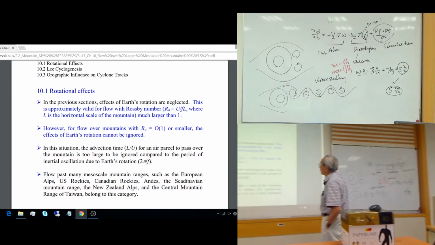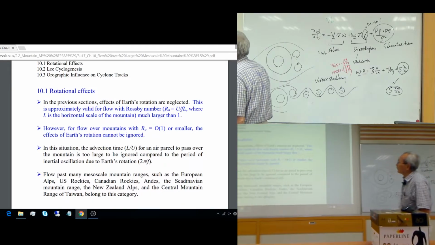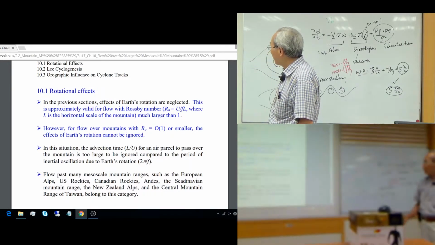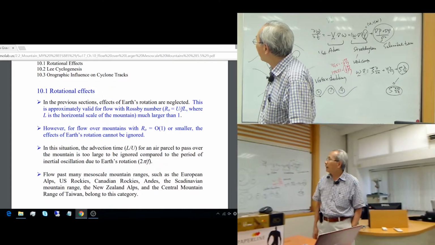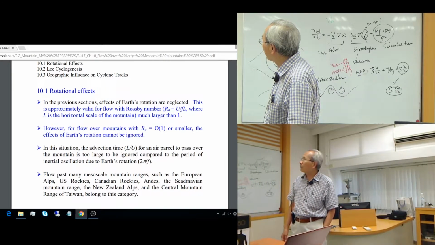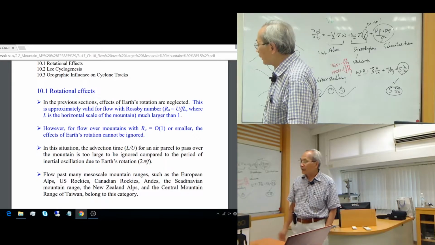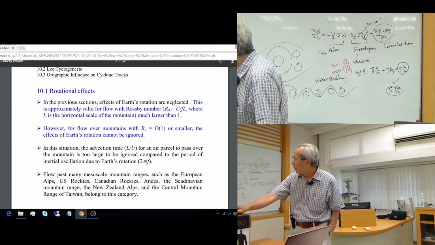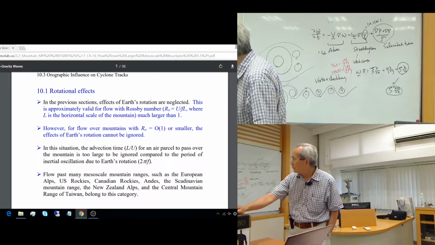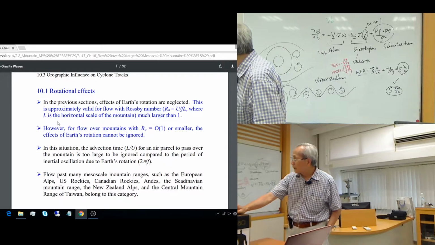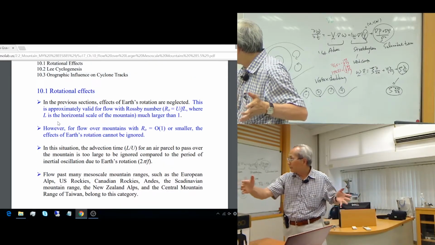In the previous sections, effects of Earth rotation are ignored. This is an approximation valid for flow with a Rossby number, as you know, defined as U over FL, where L is the horizontal scale of the mountain.